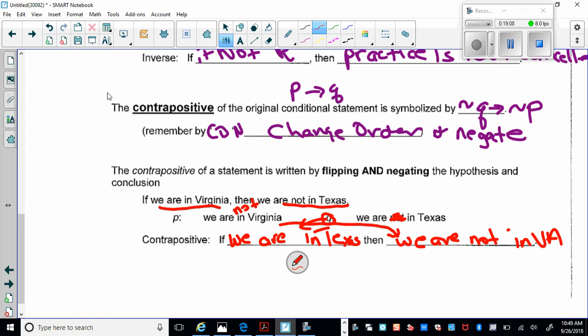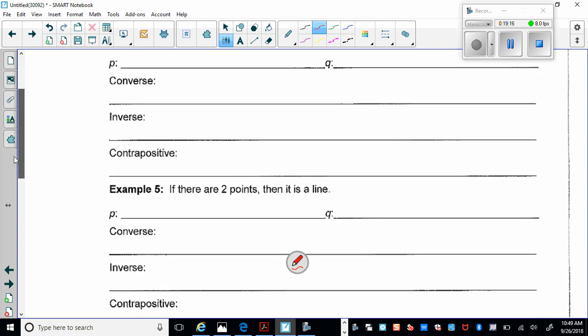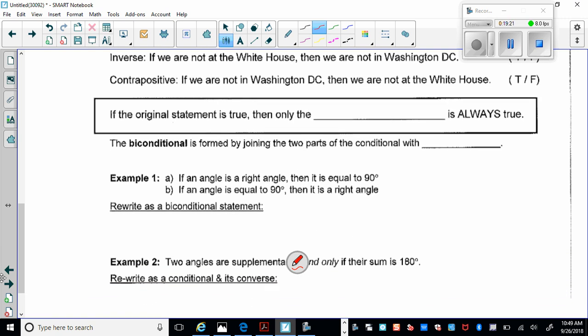Okay, very well. We will do most of the examples in class, but we have examples 4 and 5 here. If you wanted to continue working on it, you can. One thing I wanted to add before we end is, pay attention to this piece on this side: if an original statement is true, then the contrapositive is true.